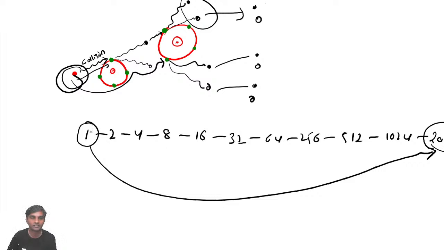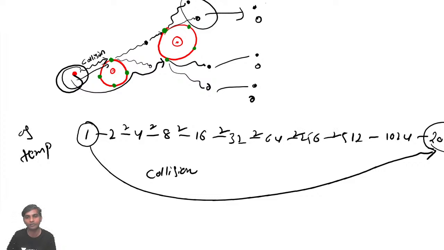So now what's happening, sir? This is all happening because of the collisions, as temperature is increased. It is multiplied by 2, multiplied by 2, again and again.